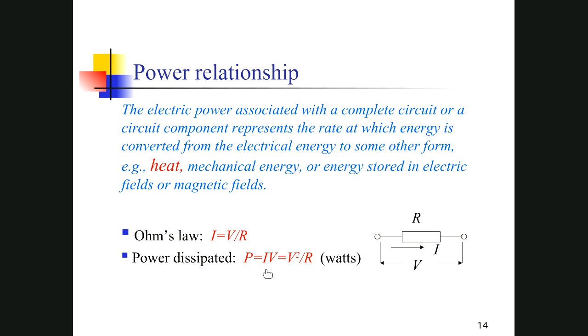So the power is the product of the voltage and current. Very simple. This is logic. You can work with this logic and get some new laws. So that's why we define the power as the product of voltage and current.